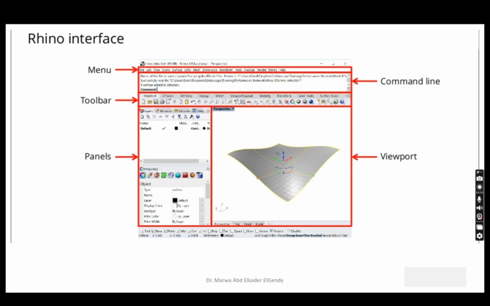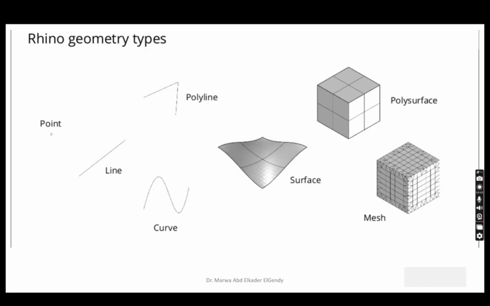You can write what you want to draw there. The panels consist of properties and layers, and the main viewport is where you can see your model. So these are the different geometry types as we explained before.